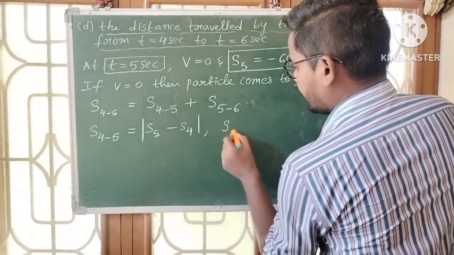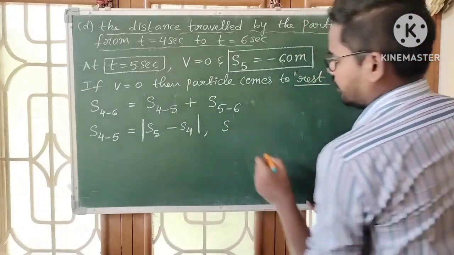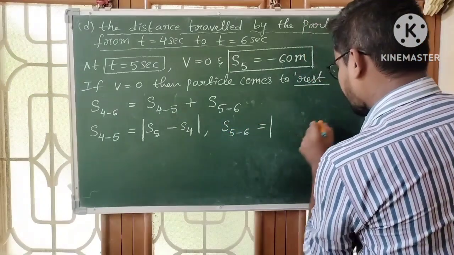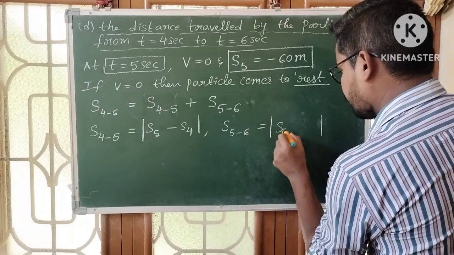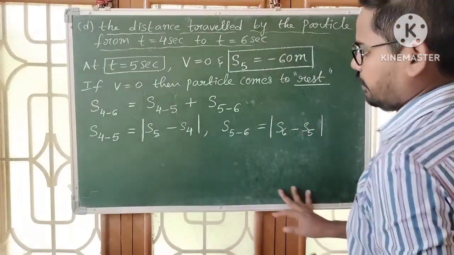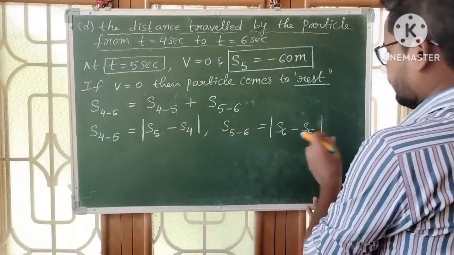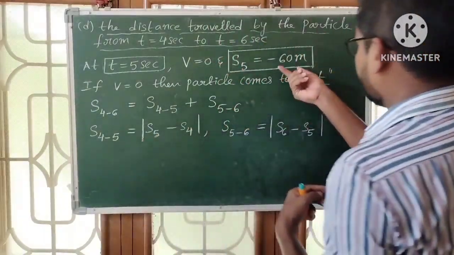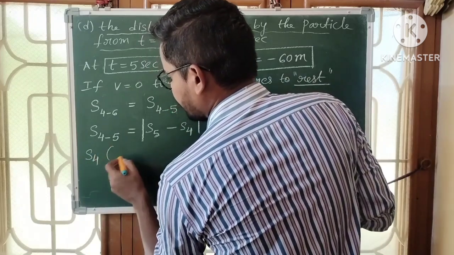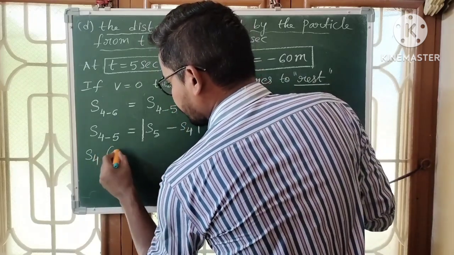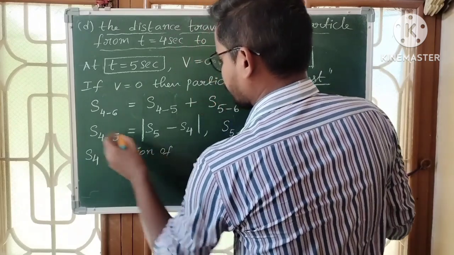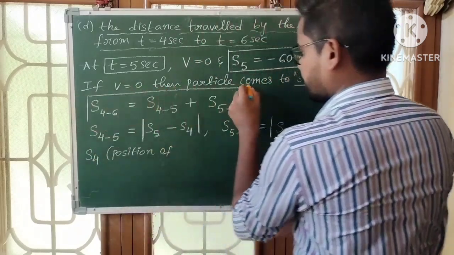Similarly, the distance travelled by the particle from 5 seconds to 6 seconds is equal to the modulus of final position S6 minus initial position S5. Okay, so let us find S4, S5 and S6. S5 we already have, minus 60 meters. Now how do you get S4? S4 means the position of the particle. At last we have to use this expression.